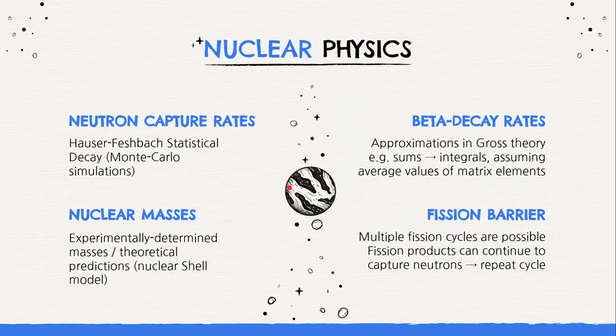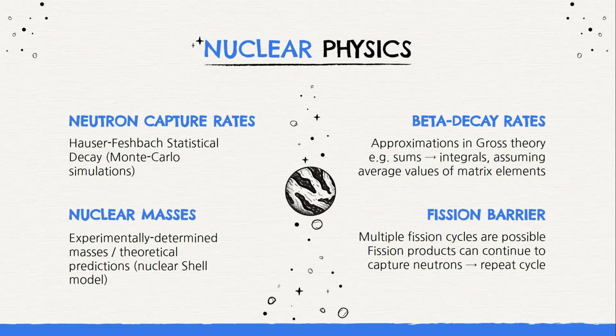Now some of the nuclear physics behind it, because the r-process depends on a lot of factors. I'm going to briefly mention them. First is the neutron capture rate. For these theoretical calculations, there are a lot of possibilities for which theoretical model to use.